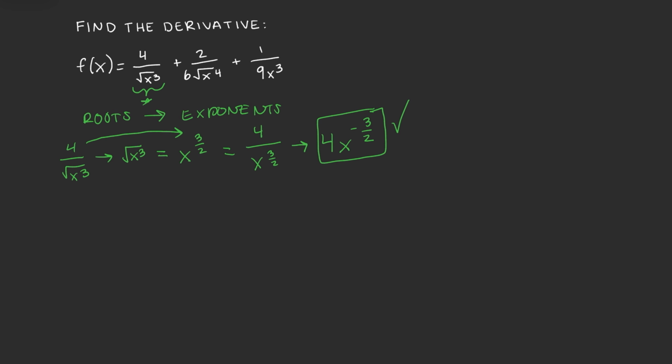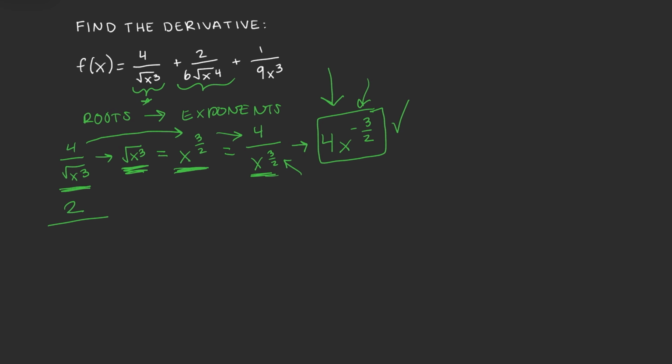I'm sure that's confusing, but all we did was take this term, focus on just the root, change the root to an exponent format, remember to put it back into the fraction right here, and then rewrite it without a fraction. That's it. And when you rewrite it without a fraction, it just makes the exponent negative, as you can see right here. Okay, so now let's move on to the next term, which is this one.